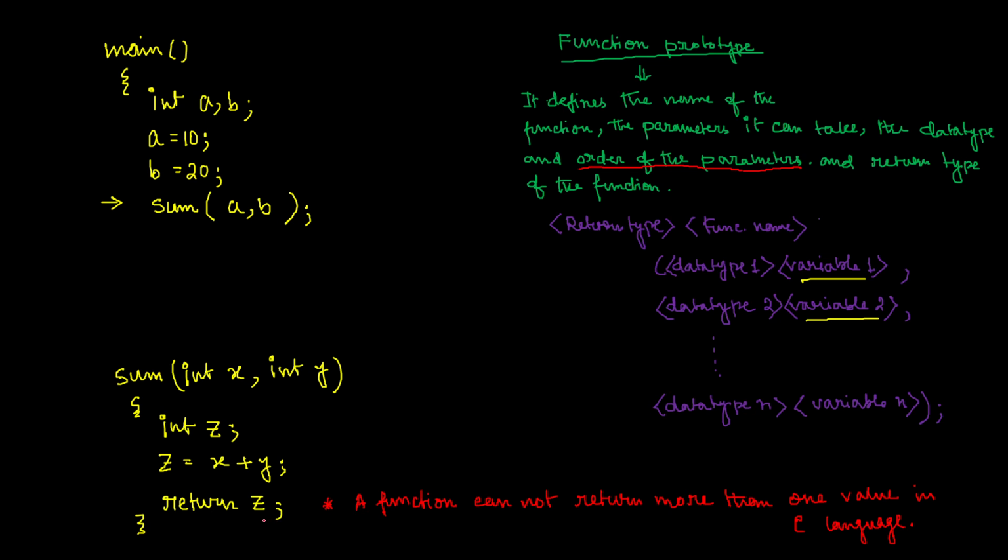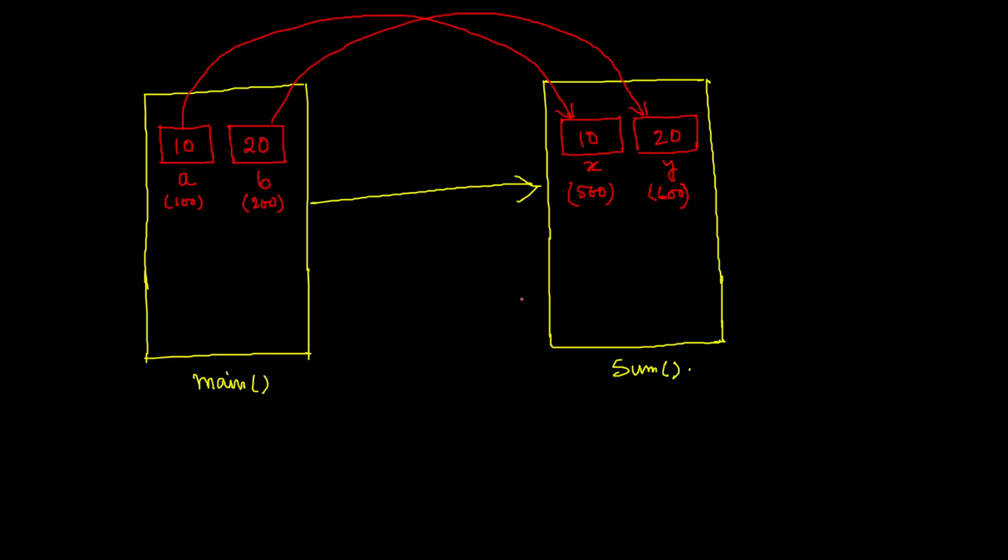Now with respect to this part of the code, I have declared a z variable again. So naturally another variable z has to be declared. Suppose its address is 700. And obviously data will get stored here, 30, because 10 plus 20.